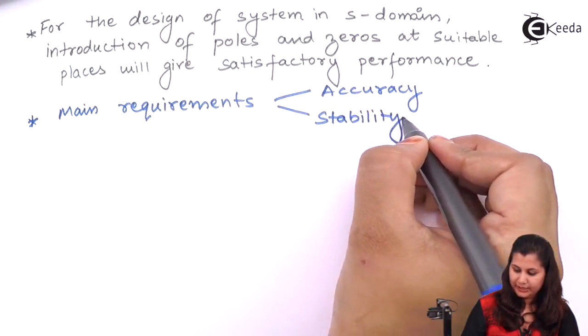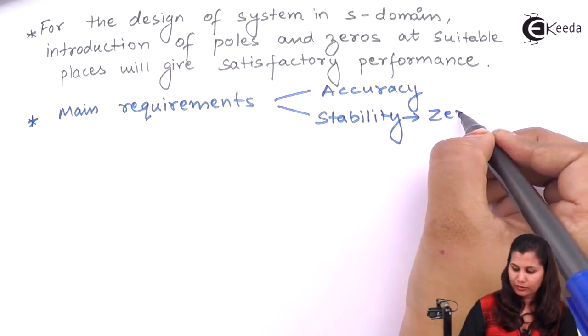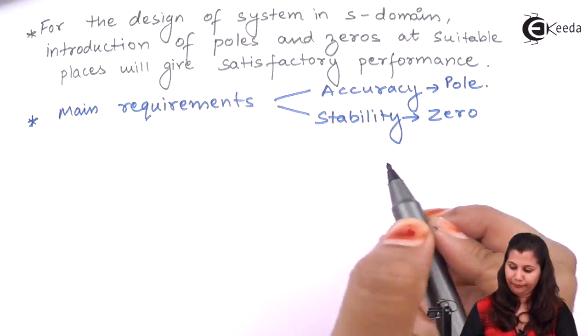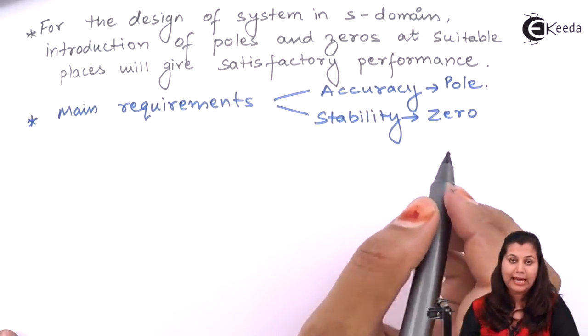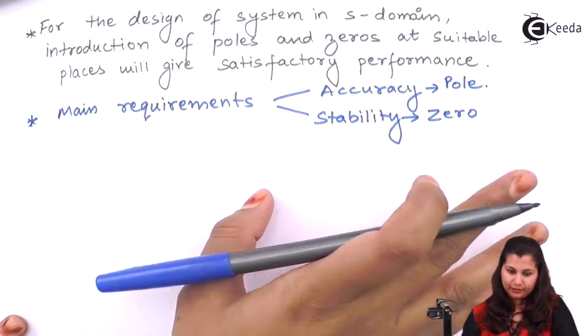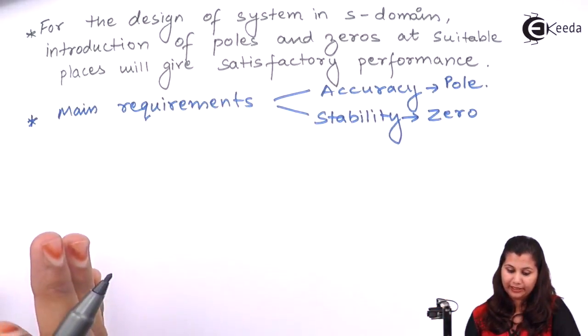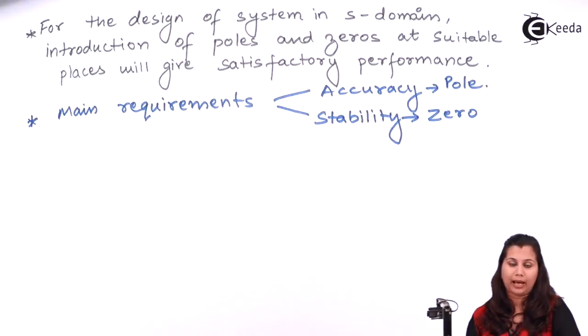So stability is improved due to the addition of a zero, and accuracy is improved due to the addition of a pole. This can be achieved by adding a network between the error detector and the plant.